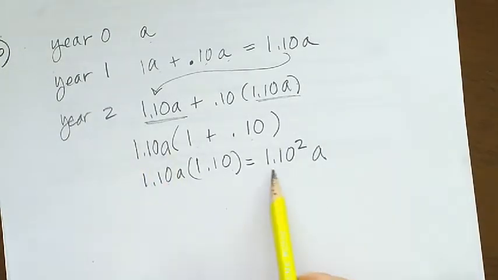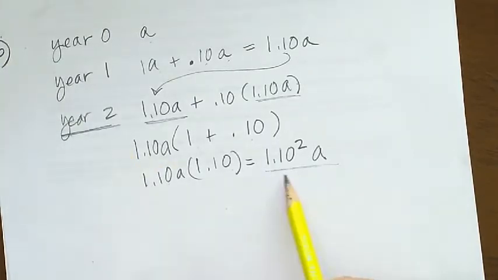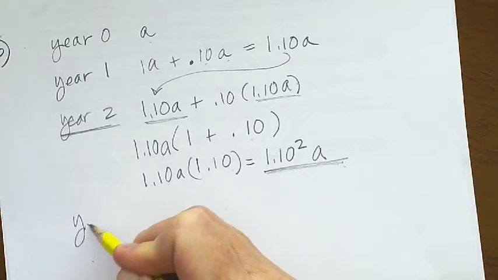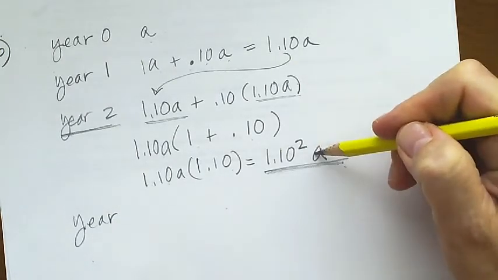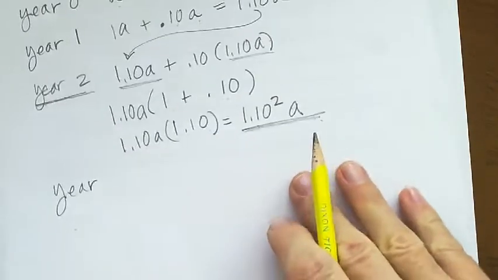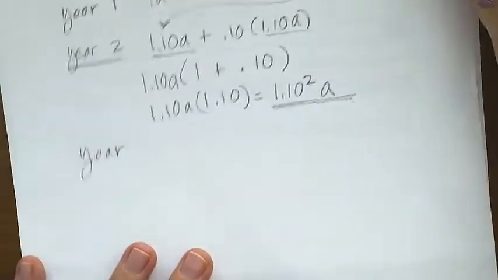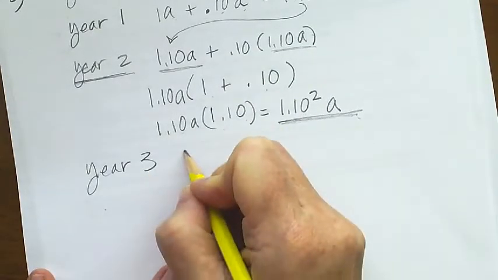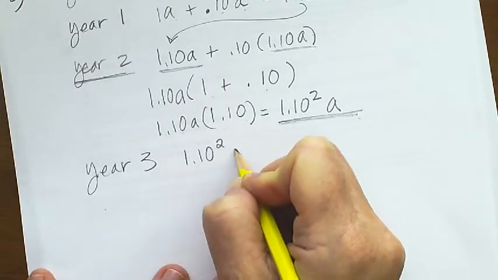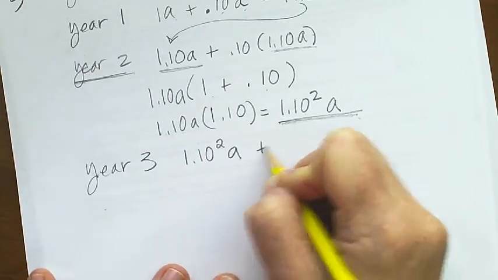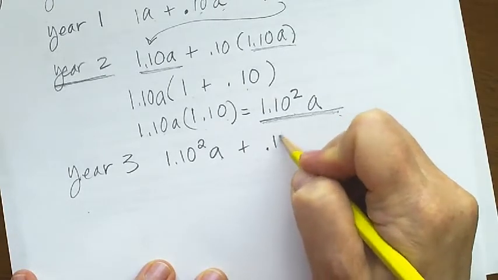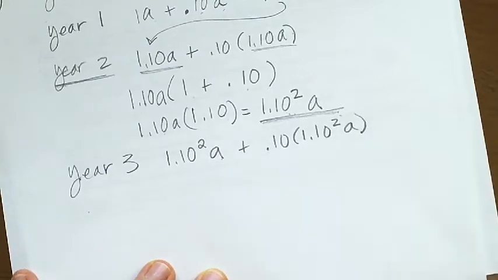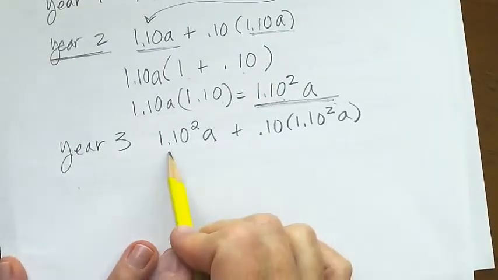Okay, so year 2, this is the cost of the coffee. Now, I could do another example like this, but you might be able to guess already. I'm going to go quickly because I know this is kind of getting long. Year 3, I'm going to take this price, 1.10 to the second power times A, and add 10% of this. So that's 0.10 times 1.10 to the second times A. Now I'm going to rewrite this.